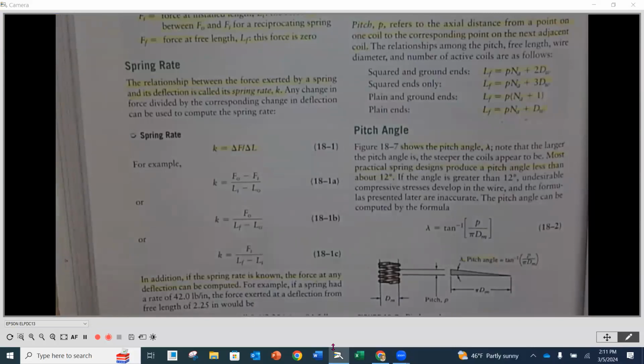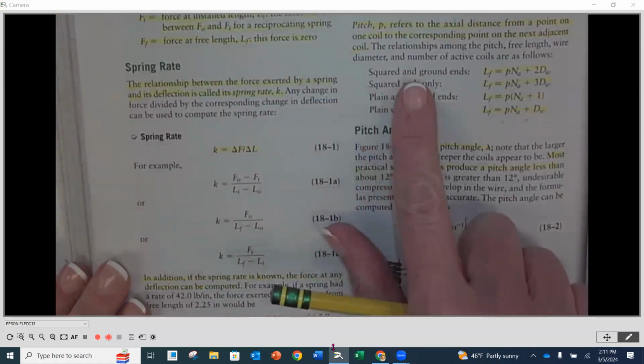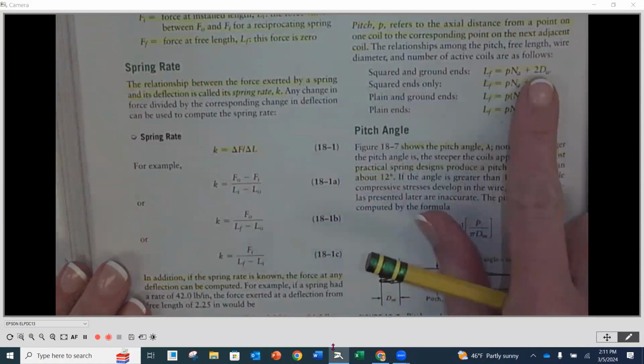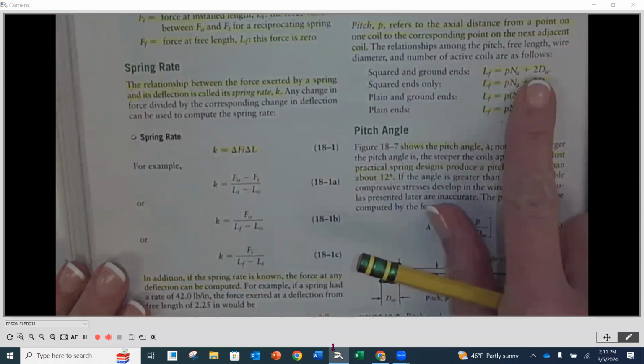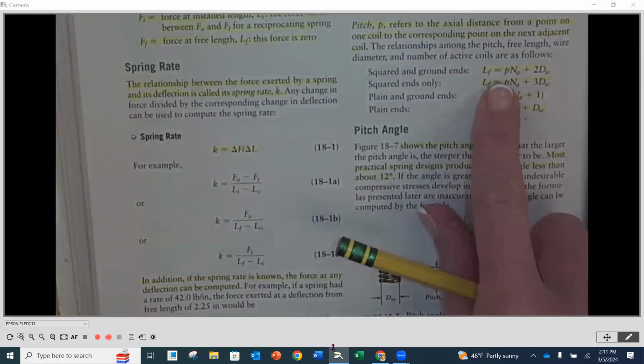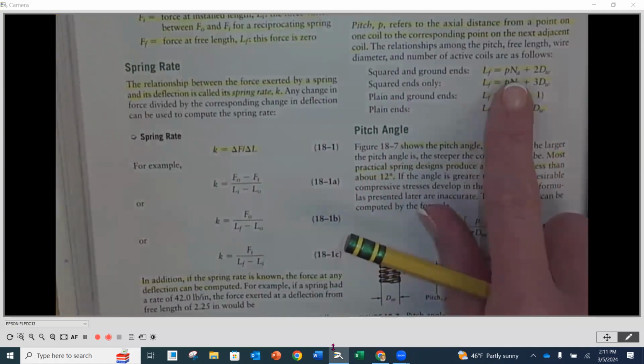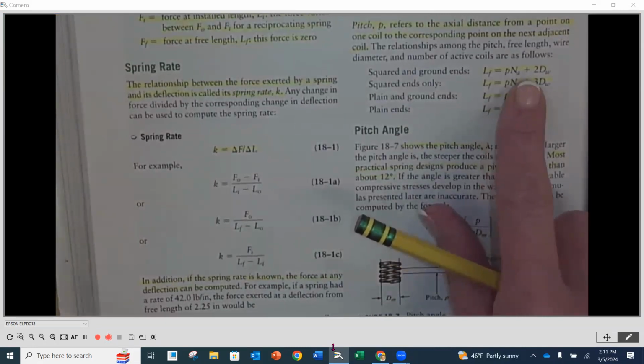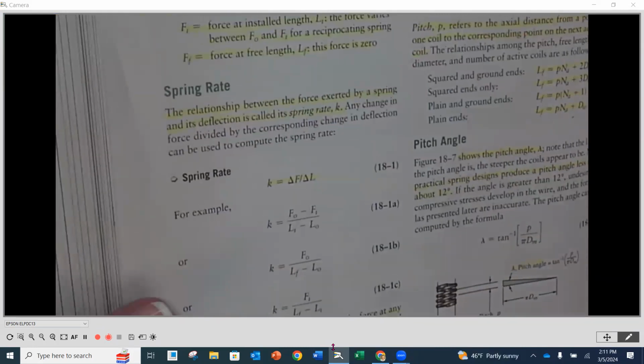So we were given in our problem that our spring is ground and squared, or squared and ground, right? So that means that on this top one right here, this is the equation that we're going to use, okay? So we're going to take LF is equal to the pitch, which is going to be our unknown, times the active number of coils, we'll talk about that in a bit, plus 2 times dW.